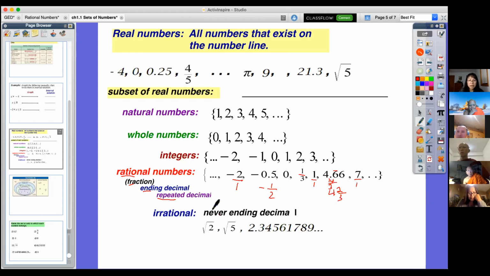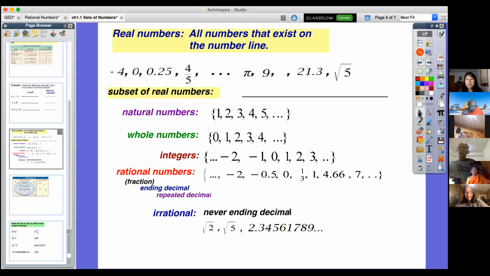Now, an irrational number is a number that never ends, a never-ending decimal. If you take the square root of 2, you get 1.41 and so on. A never-ending decimal is an irrational number, like pi. Is pi a repeated decimal or an ending decimal?